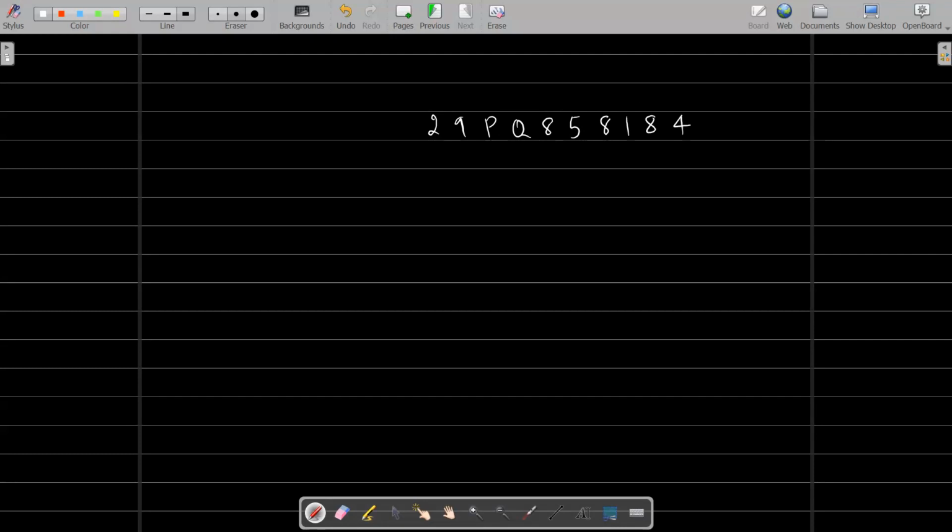The alternate sums are 26 plus P and 19 plus Q, right? 8, 16, 8, 24, 2, 26, so 26 plus P, right? And the other one is 9 plus Q plus 5 plus 1 plus 4, so 19 plus Q.